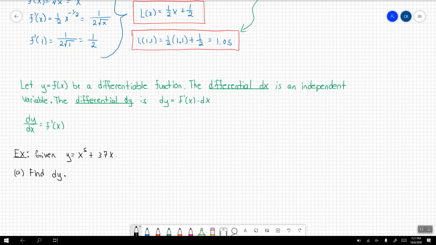In other words, we want to find the differential dy. So finding the differential dy, that means I'm going to take the derivative of this function with respect to x.